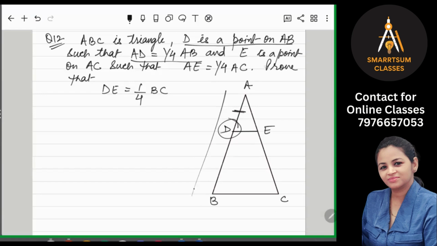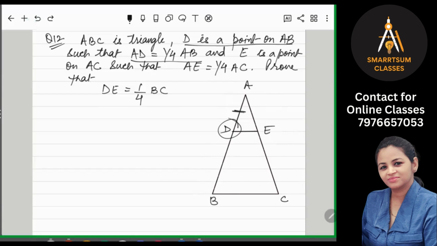And E is a point on AC such that this part AE is 1/4 of this whole length AC. Now we have to prove that DE is equal to 1 by 4 of BC.